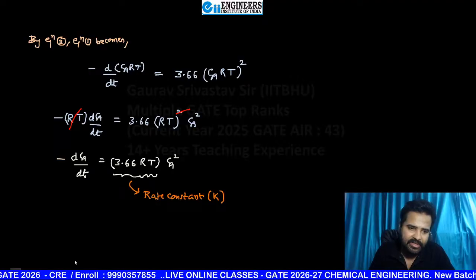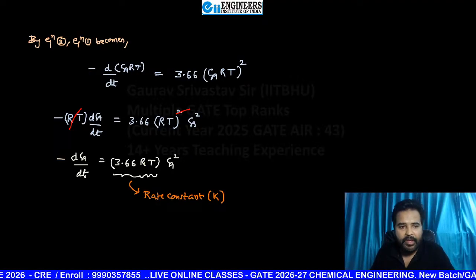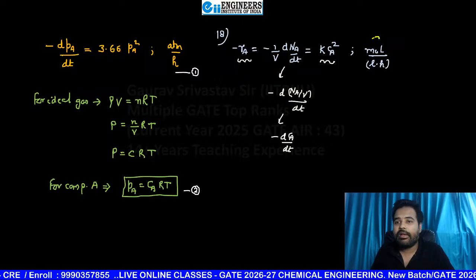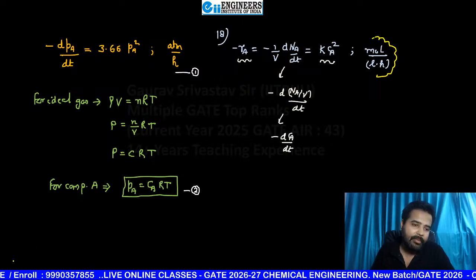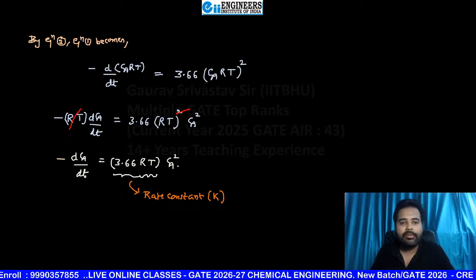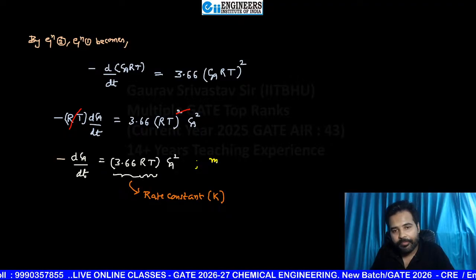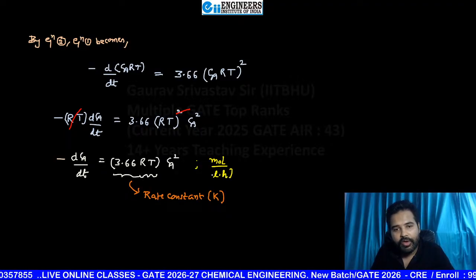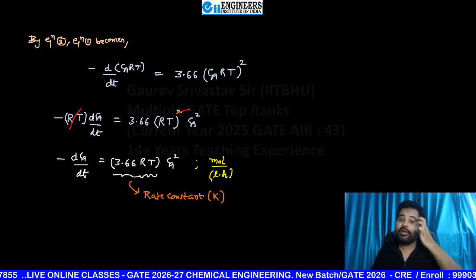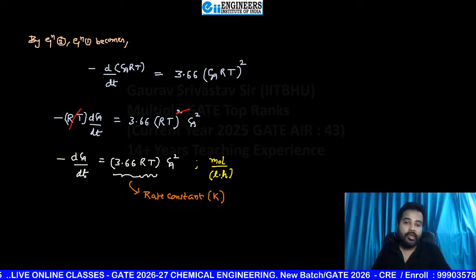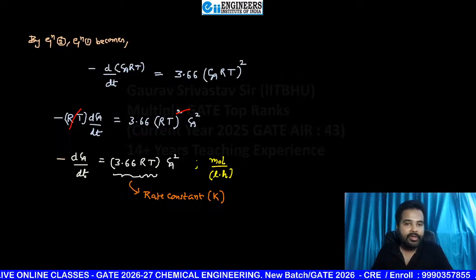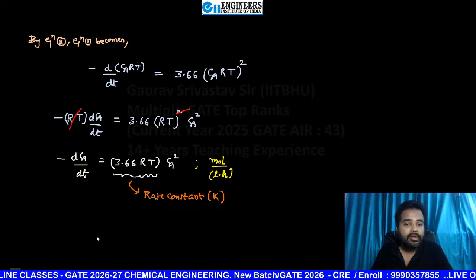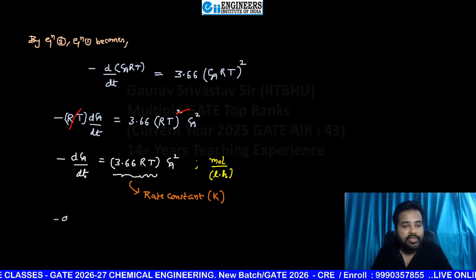So now how to get the numerical value? It's very, very easy. Just focus. This time the overall unit, when you are writing in this term, is asked in mole per liter per hour. So the unit is mole per liter per hour, and this is your rate expression.